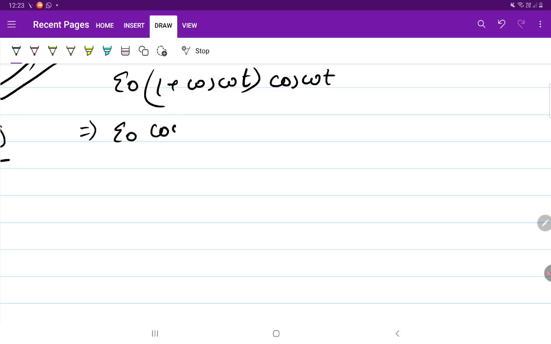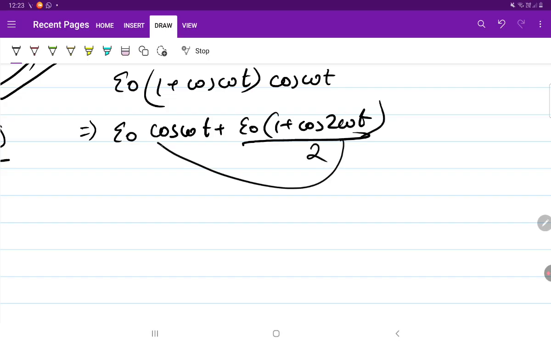You will get E naught cos omega t plus E naught (1 plus cos 2 omega t) by 2. Basically, we get two EM waves, and we just have to evaluate these two. We get one frequency equal to omega by 2 pi, and the other frequency as 2 omega by 2 pi. Accordingly, we substitute the values and find the stopping potential and all the other relevant terms.